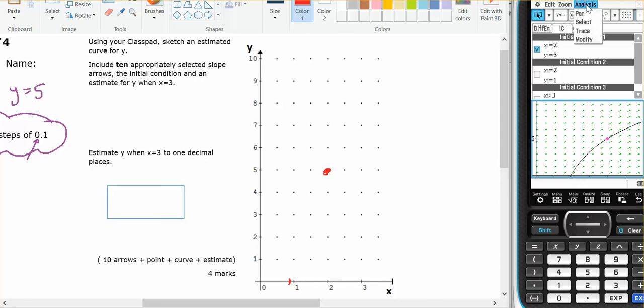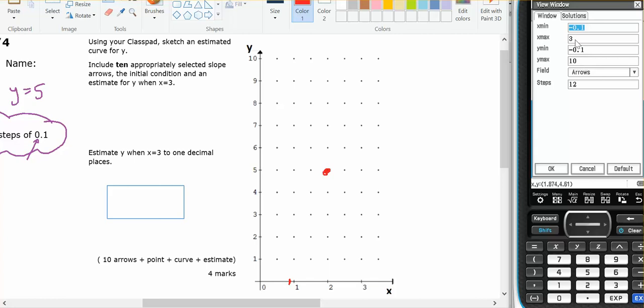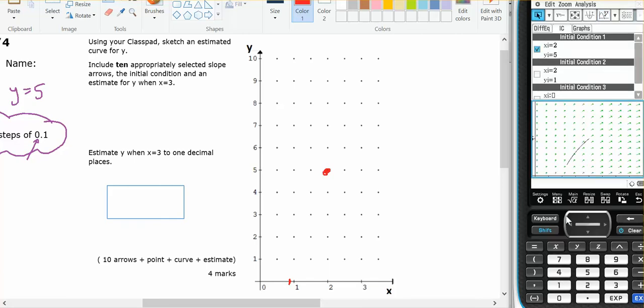If I use analysis trace, I'll try and find my prediction for x equals 3. Now I'm thinking I'd like to go to 4 on my x because it's going off the screen, and analysis trace.